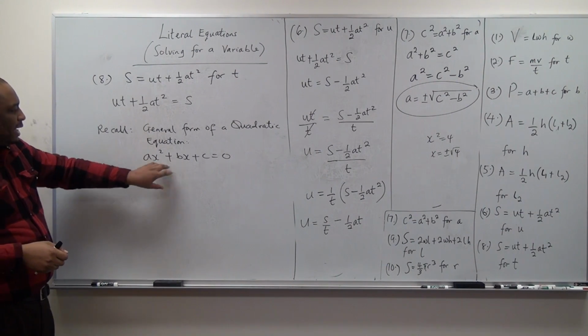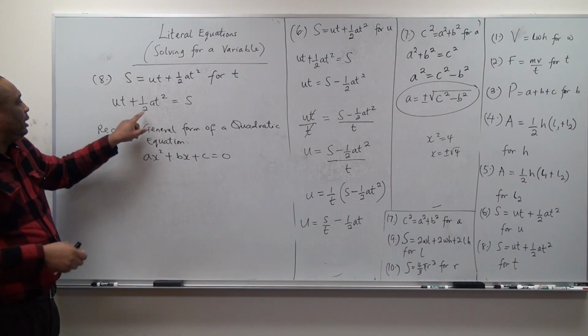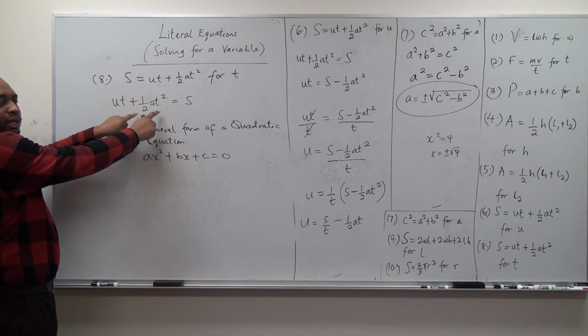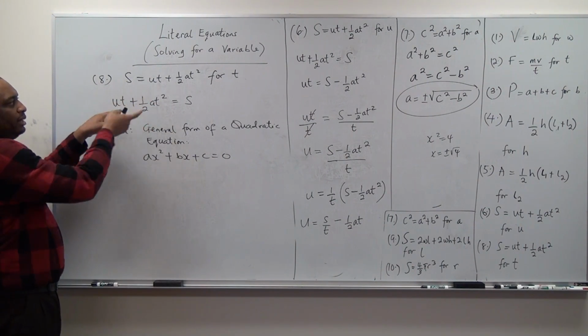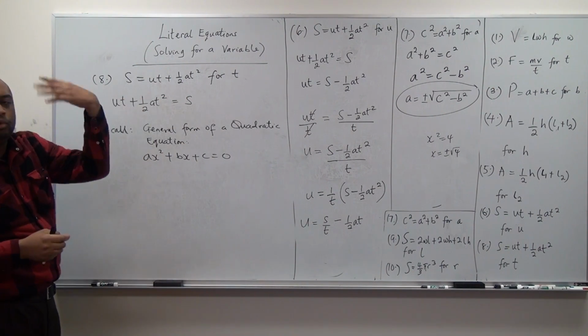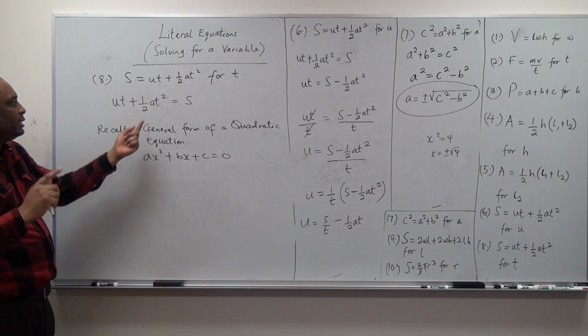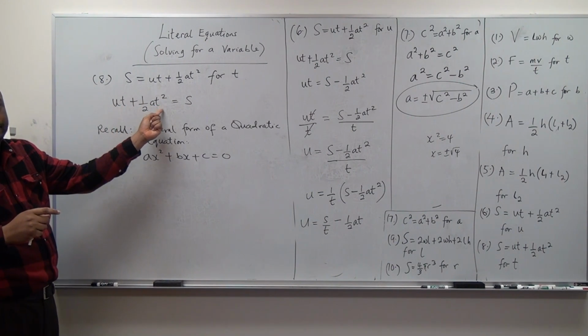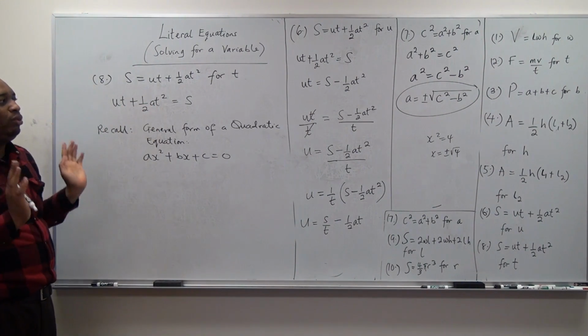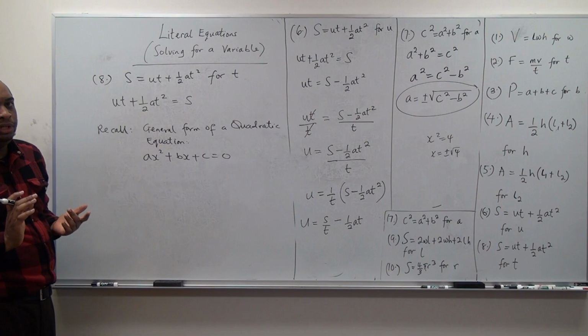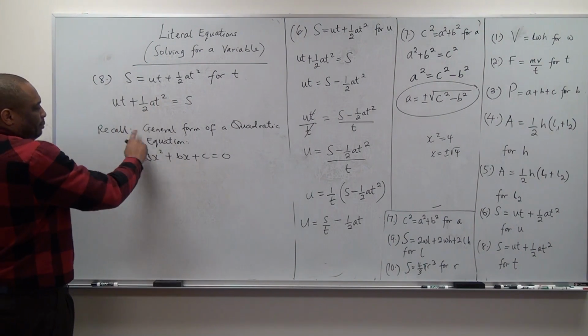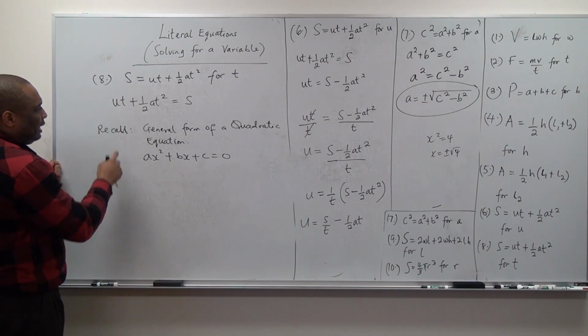First term, second term, third term. This is quite different from what we have been doing, because t is here and t squared is here. So this is now a quadratic equation. It is not even a linear equation now. So let's put this in this form.